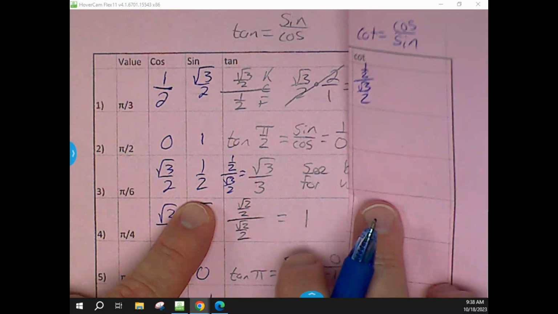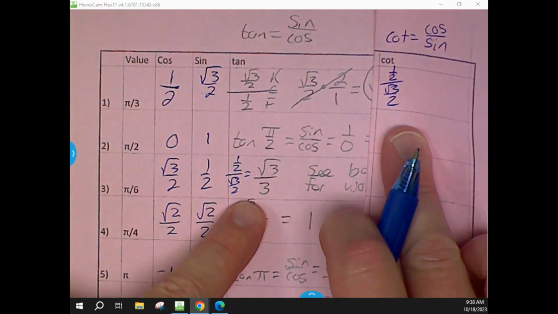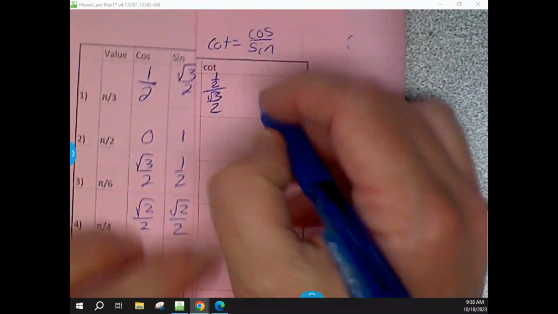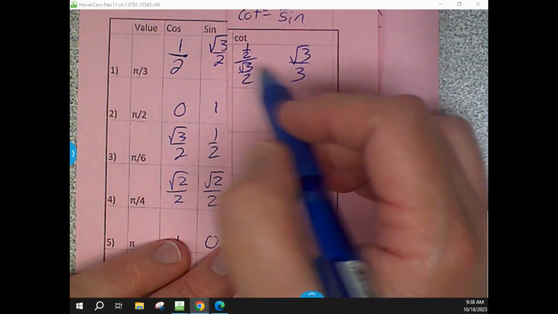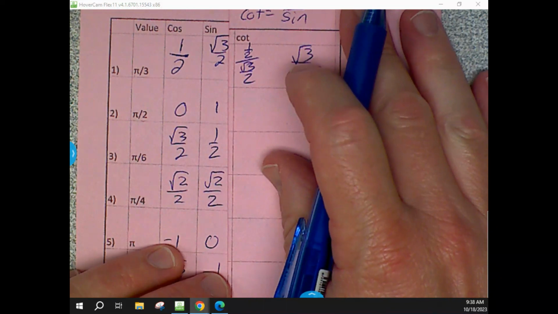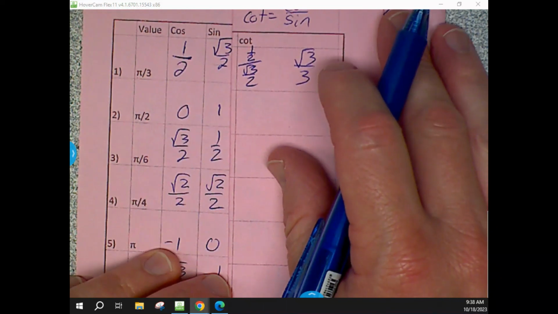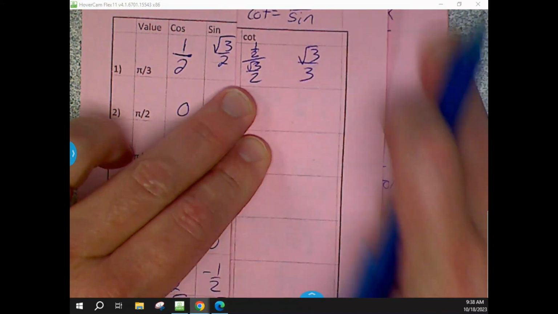So we've already done that answer when we were doing cosine. For this one, we know the answer is just going to be square root of 3 over 3. So every answer you've got for cosine, or sorry, for tangent, it's going to be the same list of answers you've got for cotangent. You just got to go back in and find out where that number is on that list as we're going through it.